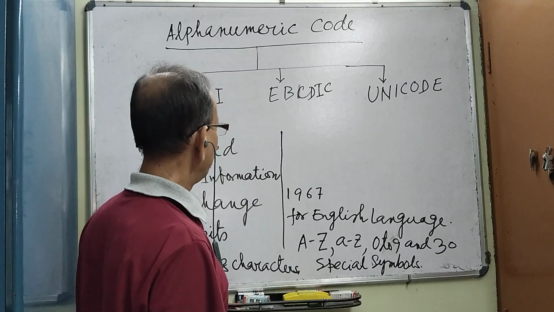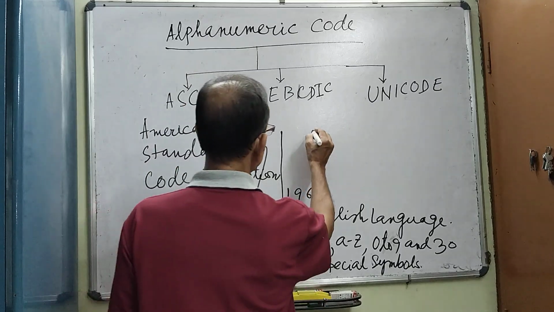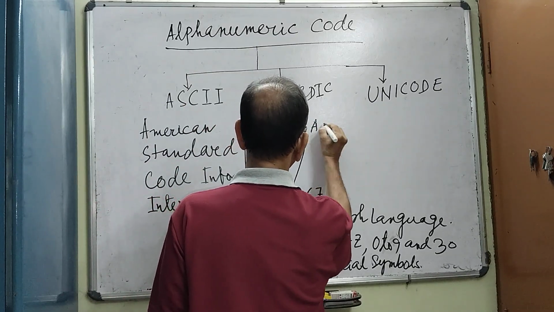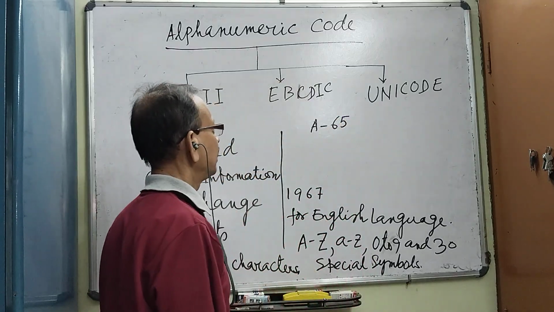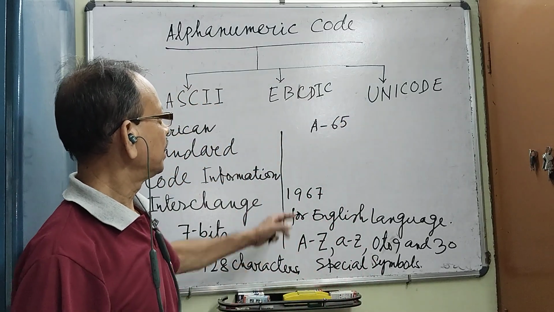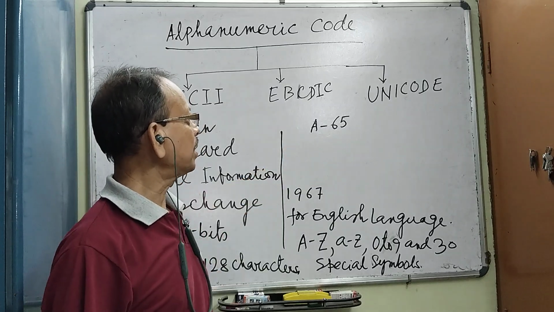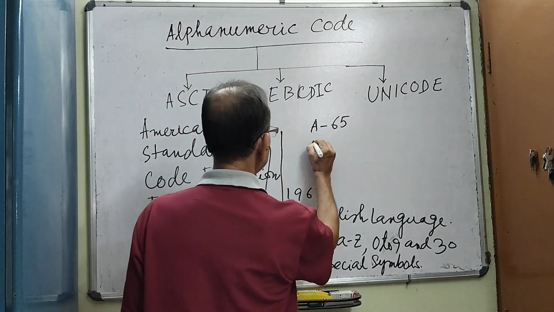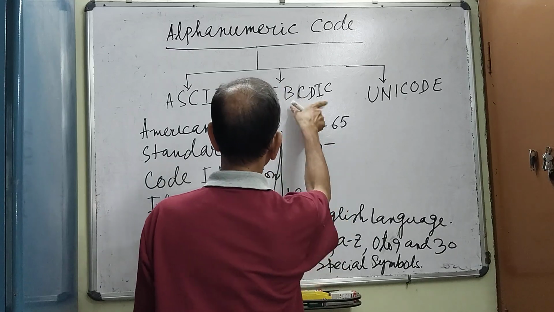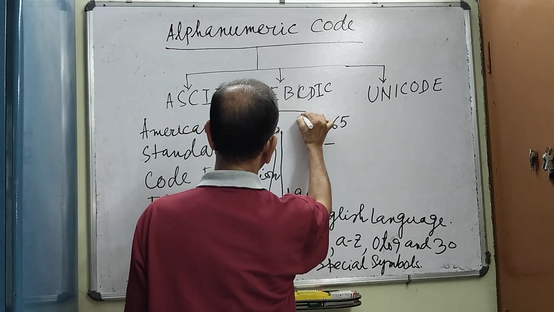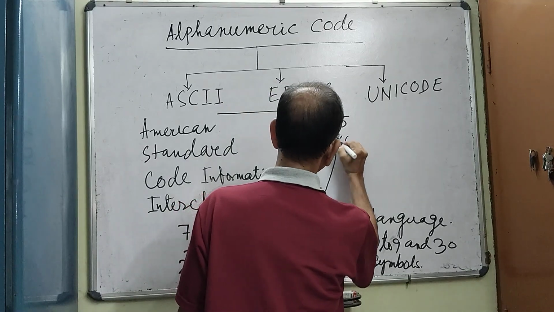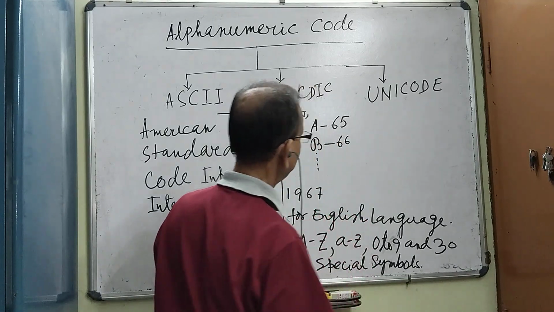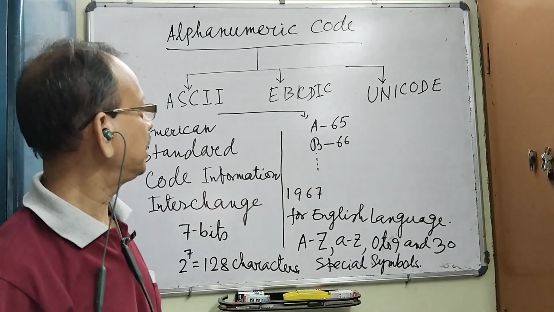Now, for example, capital A stands for 65 in decimal. Similarly, in ASCII code, B means 66, in this way 67, 68.